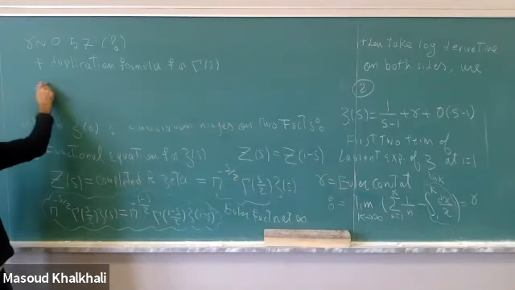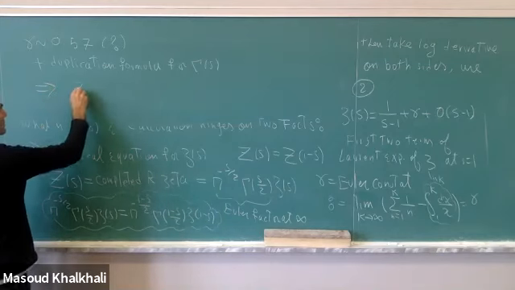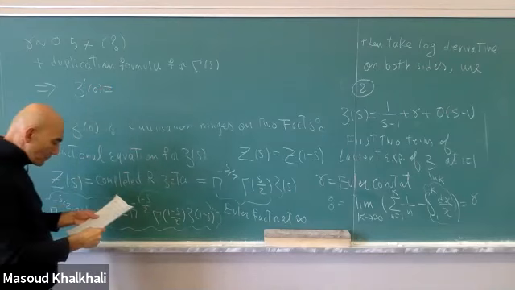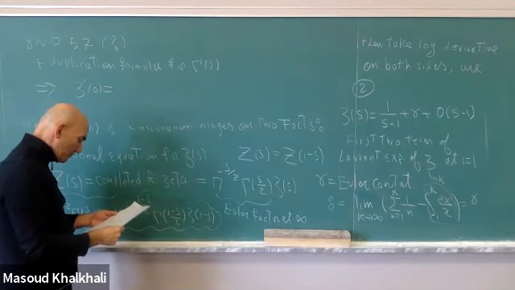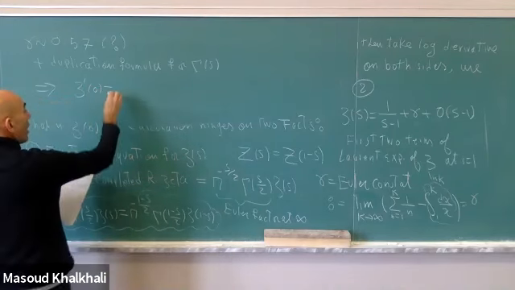This comes out that indeed zeta prime at 0 is equal to minus 1/2 log 2 pi.